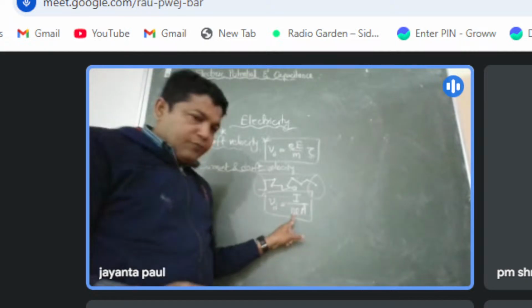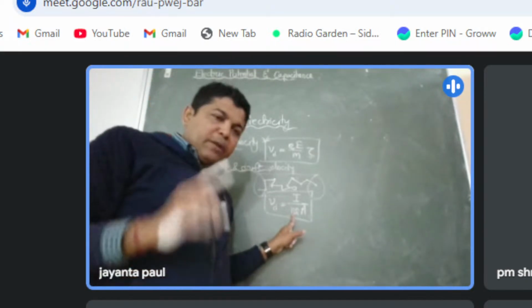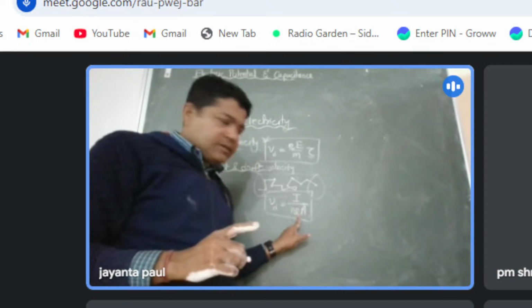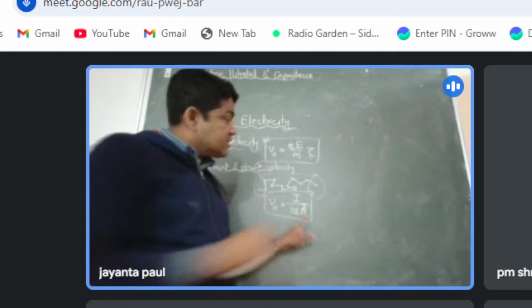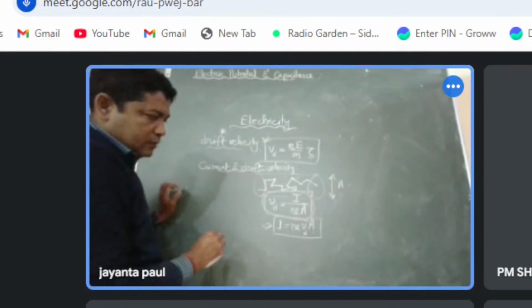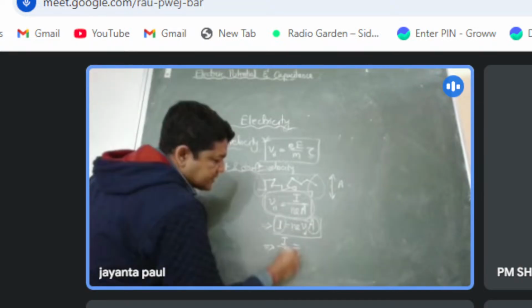N मतलब number density of the electron, that is, N is actually the number of electrons per unit volume of the conductor. e is the charge of the electron, A is the area of cross section of the conductor. So here, what is called current density.